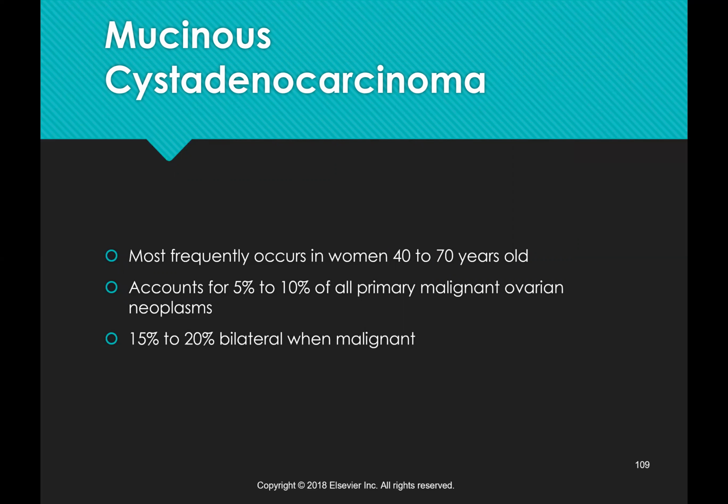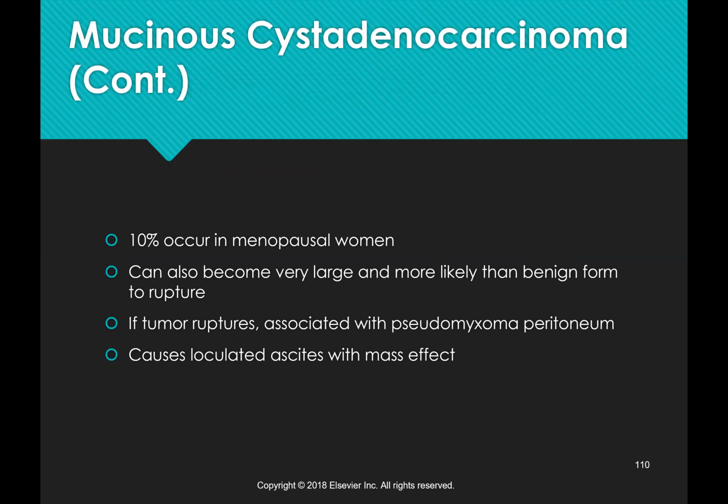So this is the cancerous form of the same thing we just talked about, and it most frequently occurs in women 40 to 70 years old. So the older you get, the higher chance of this being a malignant tumor. 10% occur in menopausal women, and they also can be very large and are more likely to rupture than the benign type.